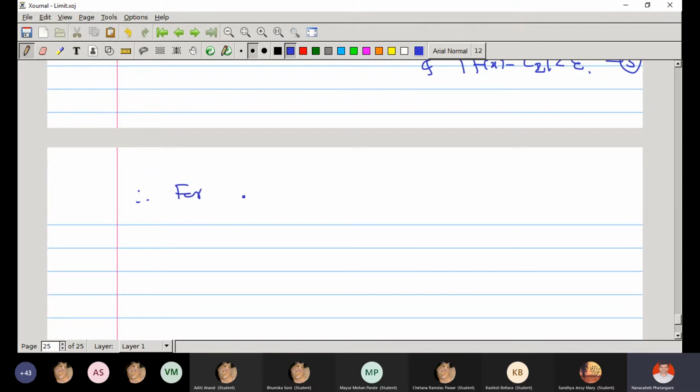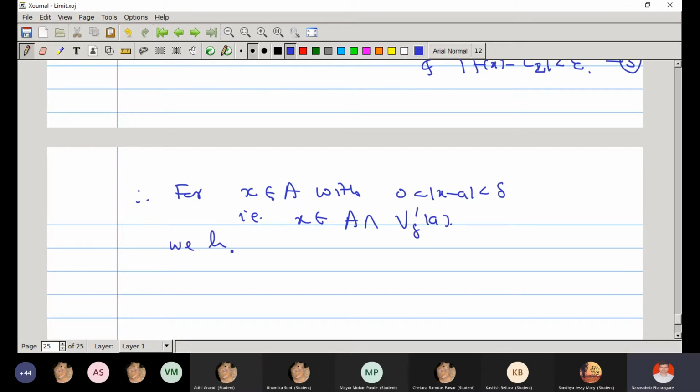Therefore, for x in A with the distance of x from a less than delta, that is x belongs to A intersection V dash delta of a, we have, what is L1 minus L2?